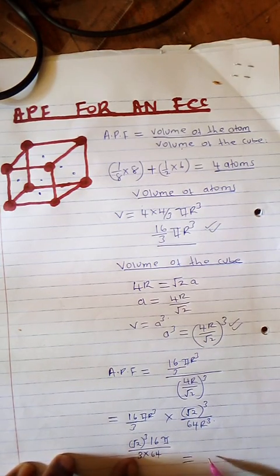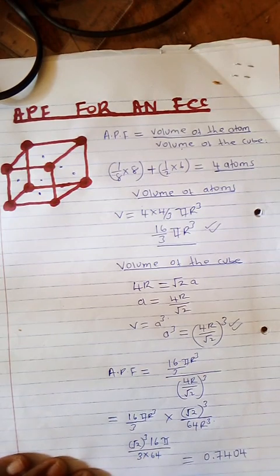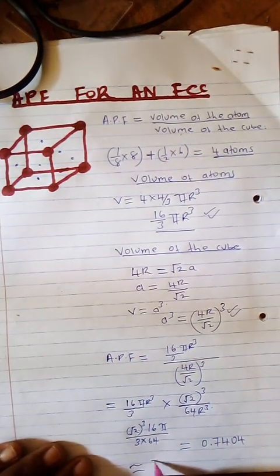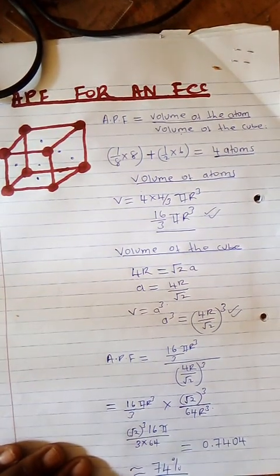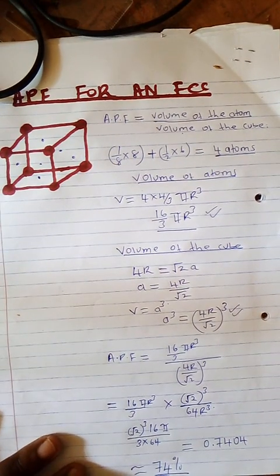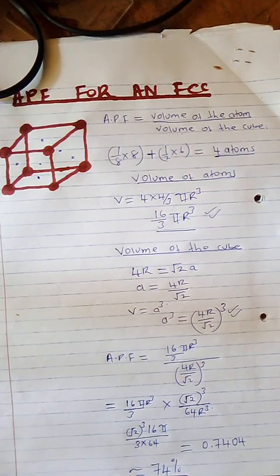If you do this, you're going to get 0.7404. This is approximately 74% in percentage, which is the atomic packing factor for an FCC. In our next video, we'll focus on a BCC and an SC.